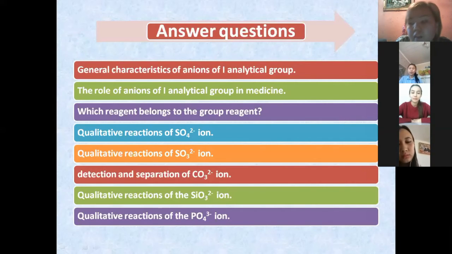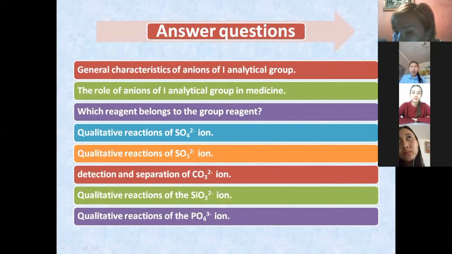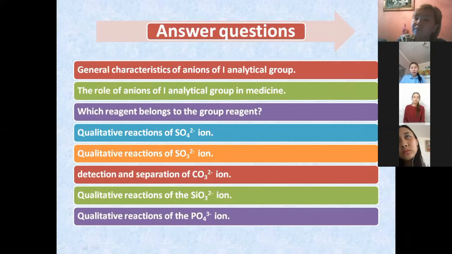Okay, next, continue. What is the answer to the fifth question? The detection and separation of carbonate ion. Carbon dioxide is detected by the turbidity of lime or baryta water. Carbonates are salts of carbonic acid formed by strong base cations, and in aqueous solutions they have an alkaline reaction due to hydrolysis.